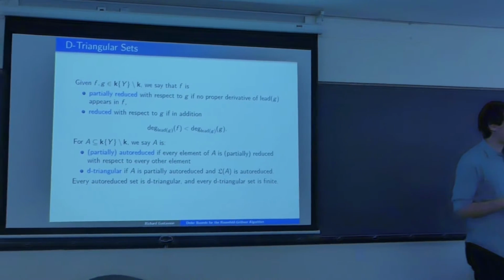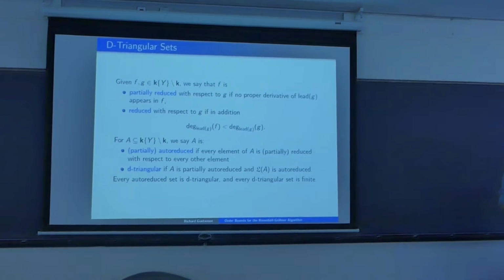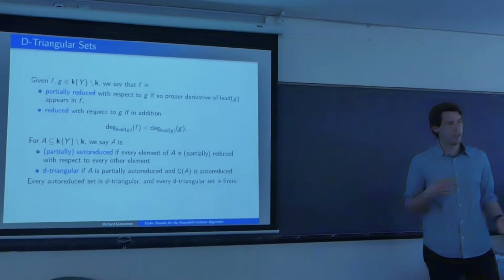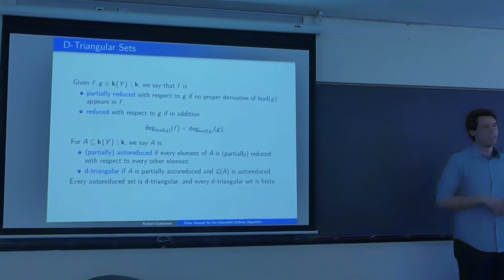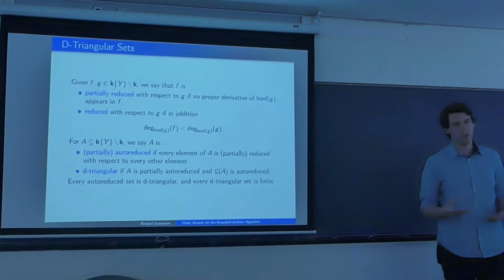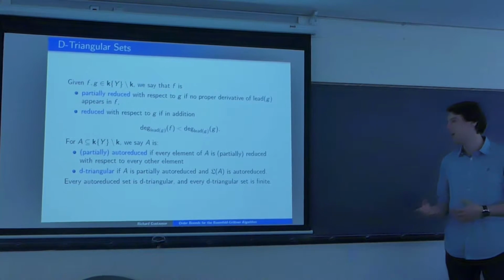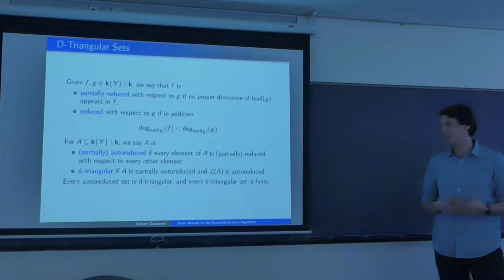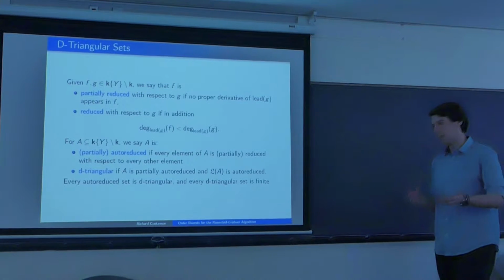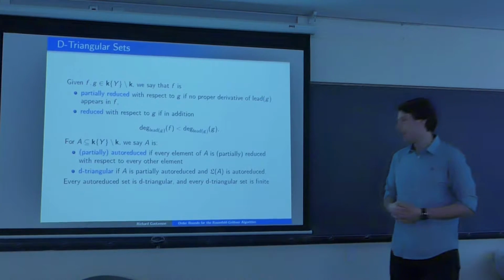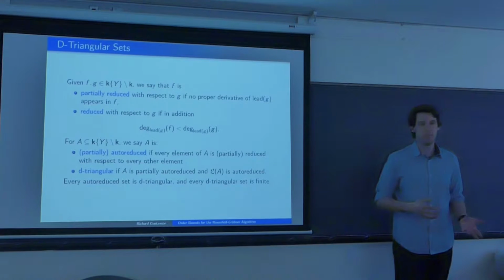If we have a collection of differential polynomials A, we say that A is auto-reduced if every element of A is reduced with respect to every other element, and similarly partially auto-reduced. Then it's D-triangular if it's partially auto-reduced and the set of leaders is auto-reduced. So obviously every auto-reduced set is D-triangular, and it turns out that every D-triangular set is finite.